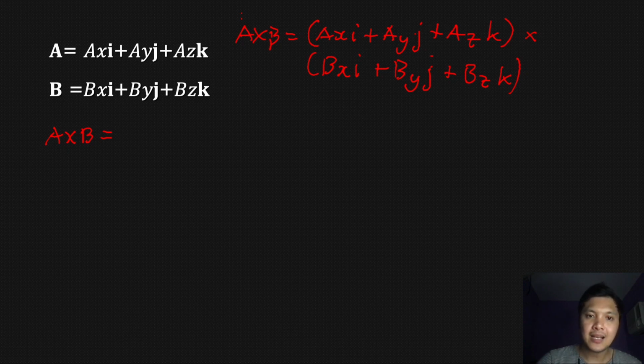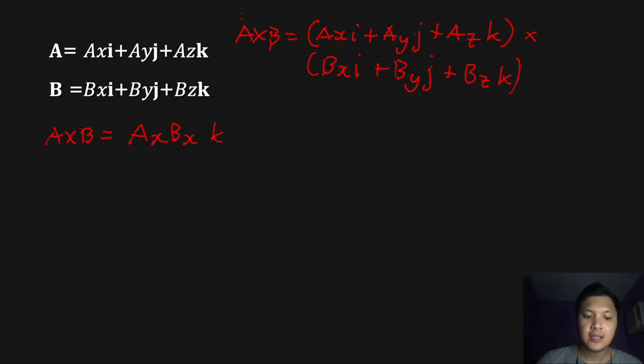AXI cross BXI should be 0 since I cross I is 0. Now AXI cross BYJ, so I cross J is K, right? That's why we have AX BY, and then that's K. Okay, now next is AXI and then BZK.